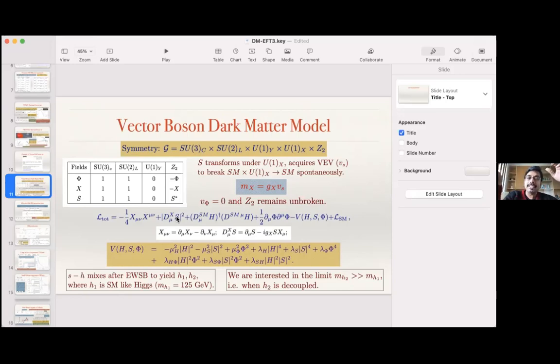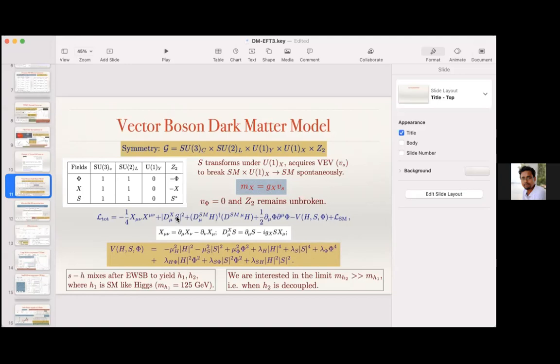And when you take the dagger of it, this will involve S star. So just from the last term, you can actually compute it very easily. There is also a minus i, so that becomes plus i and so on. So it's just the invariance of this |D_mu S|^2 term in the Lagrangian upon the transformation of X_mu going to minus X_mu, that you can show that S has to go to S star if this term has to be invariant under the Z2 symmetry.